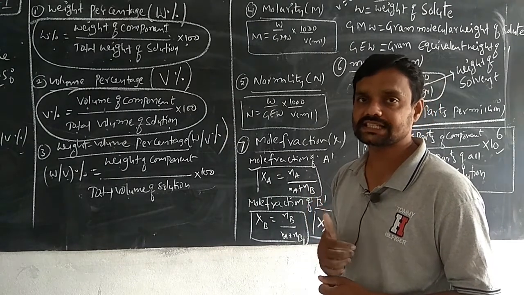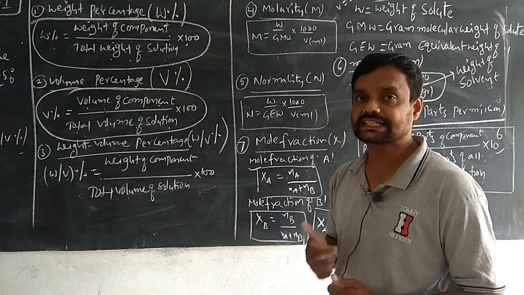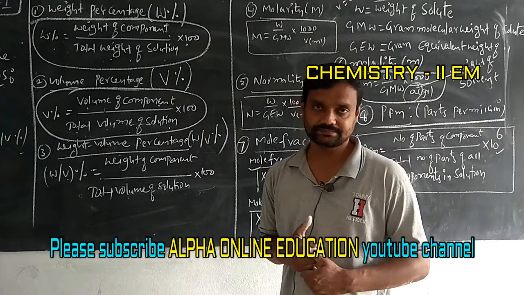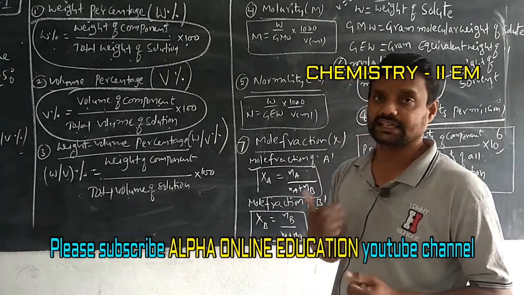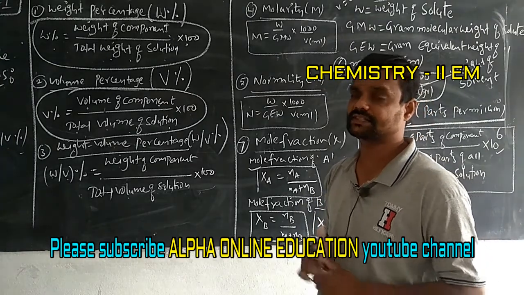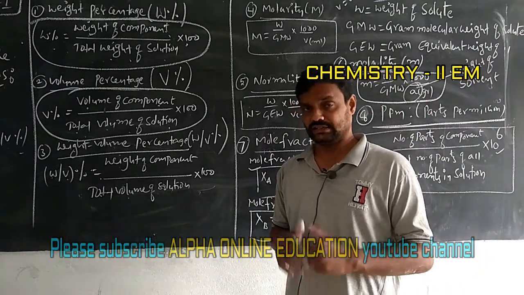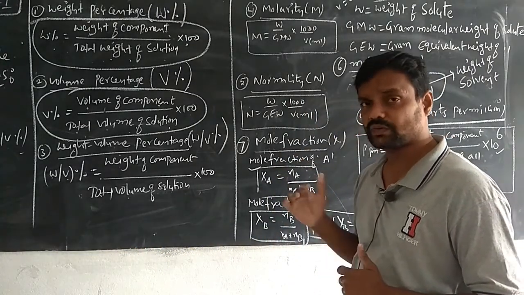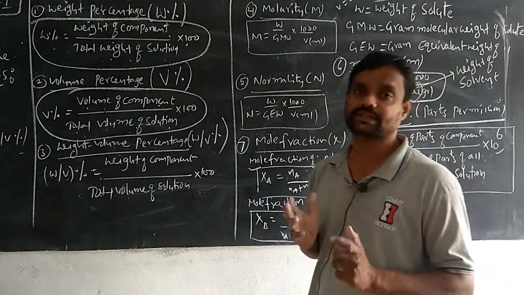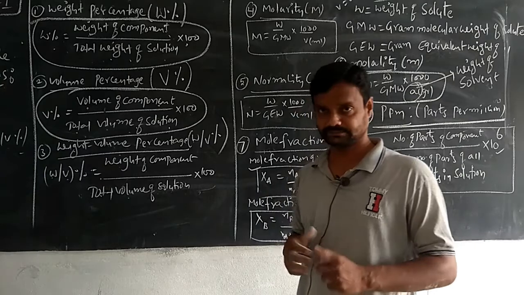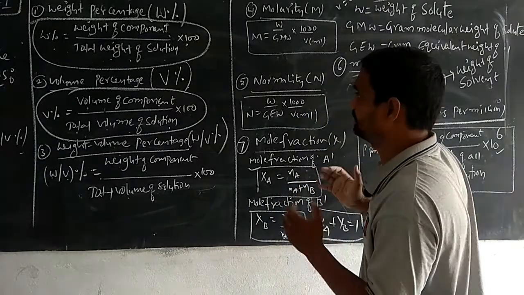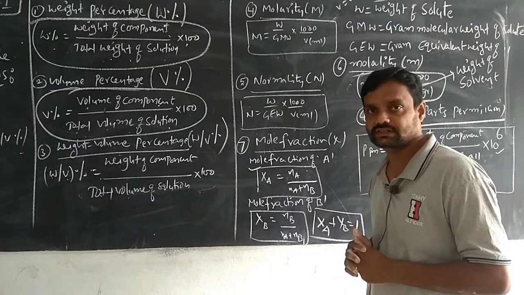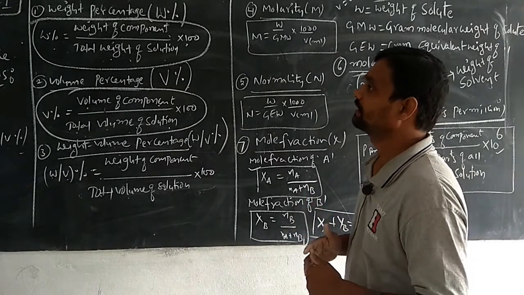When we change the temperature of the solution, the molarity and normality of the solution also change. Molality, small m, and mole fraction do not depend on the temperature; they are independent of temperature. So this is about the different methods for expressing the concentration of a solution. The remaining part we will discuss next.